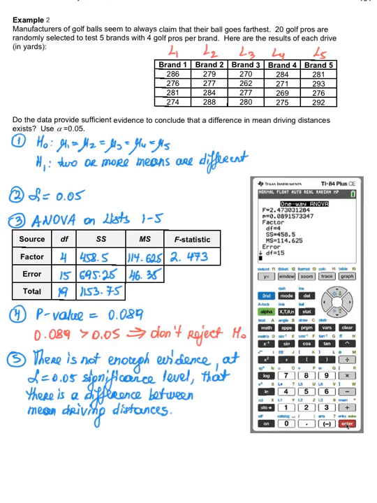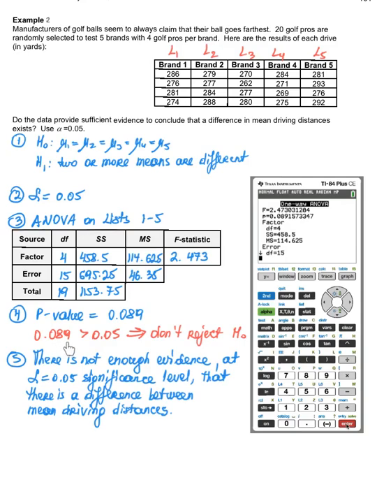Don't forget to write down the F value into your table, and of course write down what the p-value is that the calculator produced, and in this case it was 0.089. Now that our table is complete and we know our p-value, we can make a decision.